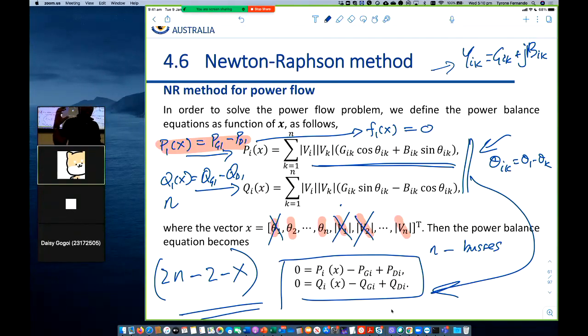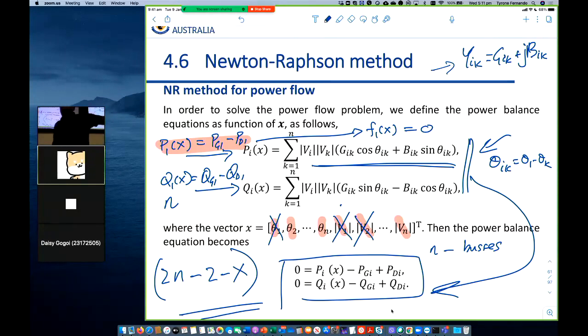The power that flows inside the network out of that node must equal the active power injected by a generator into the bus, so it's P_Gi minus the power that is taken out by a load, which is P_Di, must equal P_i. So then I can write this equation, P_i minus P_Gi plus P_Di must equal 0. And that is in Newton-Raphson form.